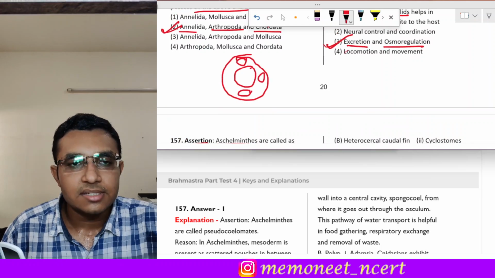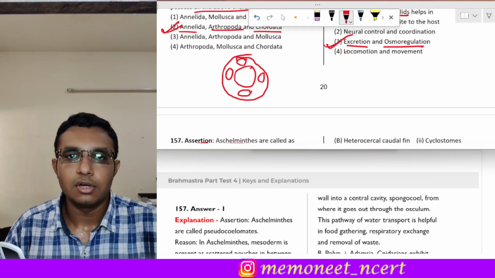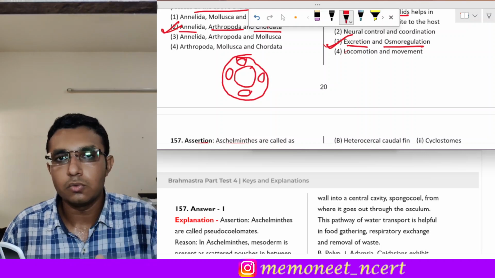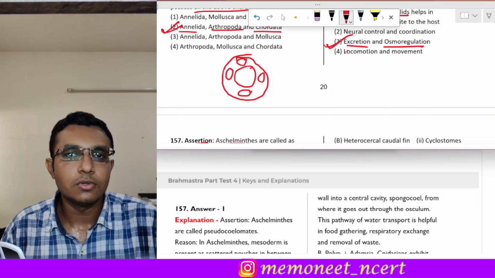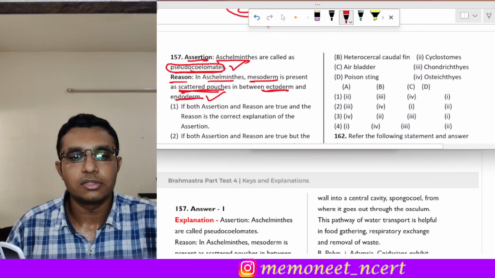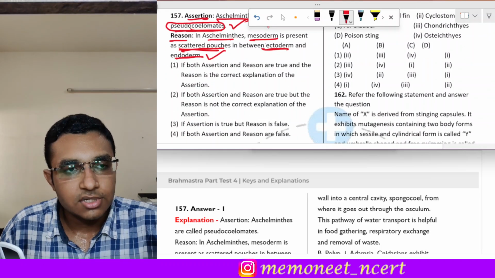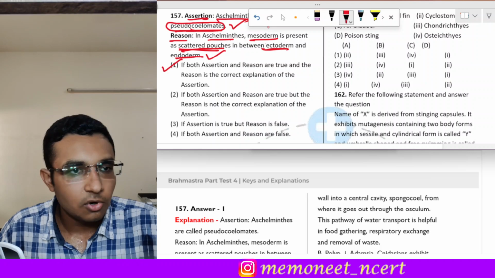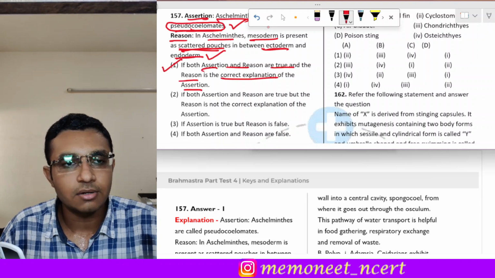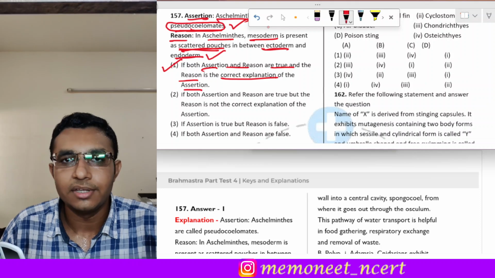It is present as scattered pouches between the ectoderm and endoderm, and that's why it is not a true body cavity. It is not a true coelom, but it is called a pseudocoelom, and therefore the Aschelminthes are called pseudocoelomates. So the correct answer of this question is option 1, that is both assertion and reason are true, and the reason is the correct explanation of the assertion. I hope you are clear with this question.